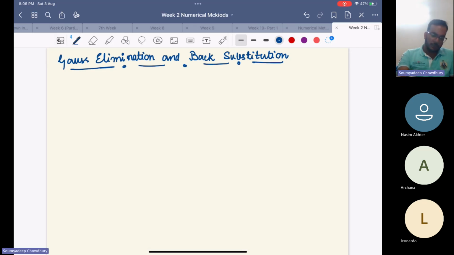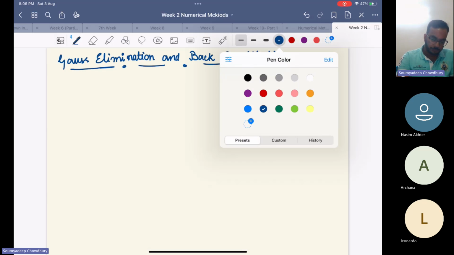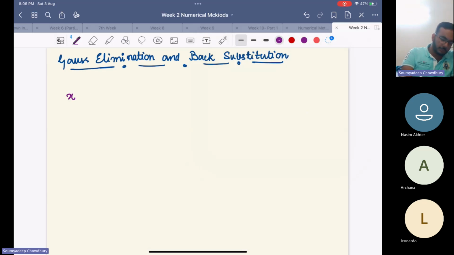First we'll see Gauss elimination. Suppose you have three equations, which are x plus 2y plus z equal to 8, the first equation. Then you have 2x plus 3y.